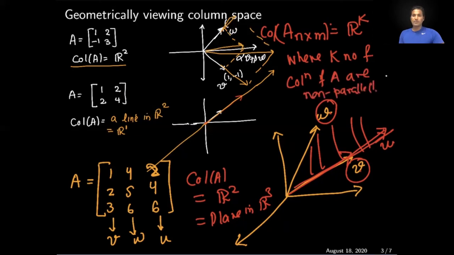So the geometry suggests that if the matrix has k columns which are not parallel to each other, then the column space of that matrix is going to be Rk.